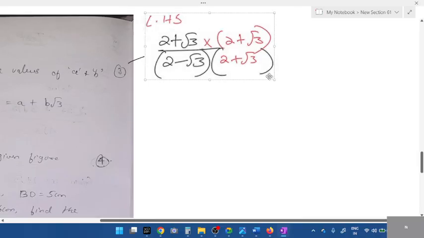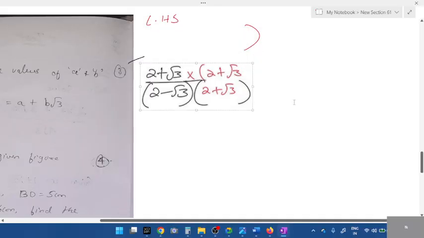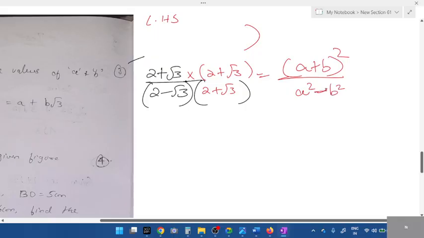A plus b the whole square, right? It looks like a plus b the whole square. Apply a plus b the whole square formula on numerator and denominator a square minus b square. Try this. Complete it. Trigonometry, you all can revise. Trigonometry, we have done a lot of questions.